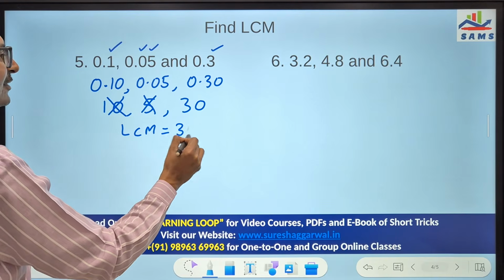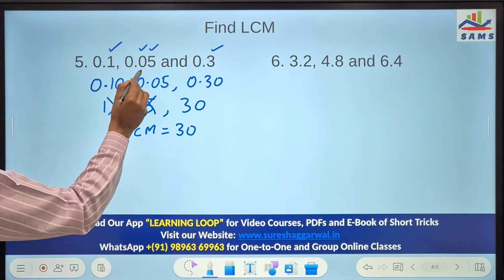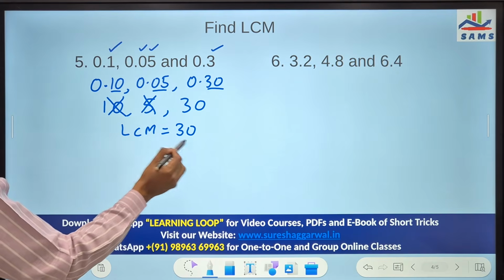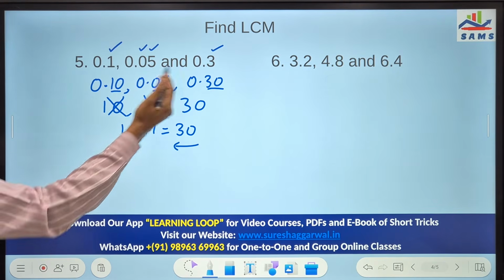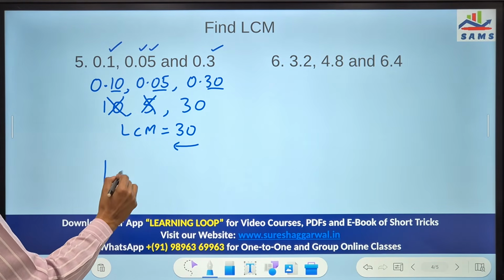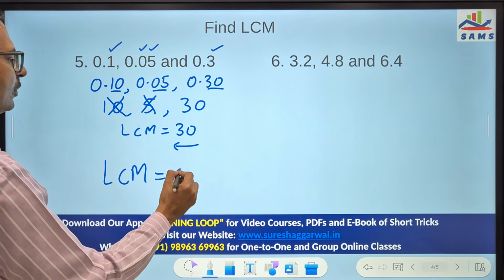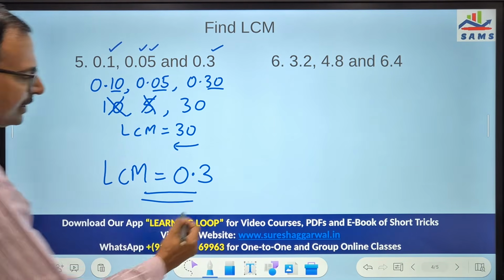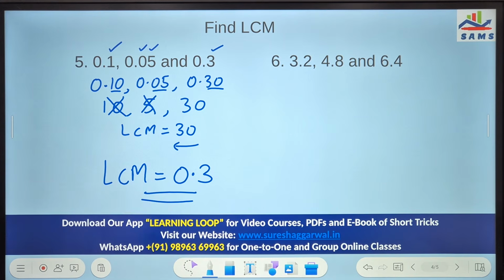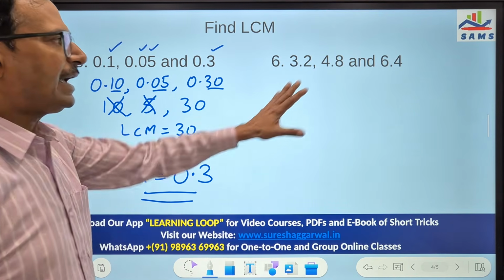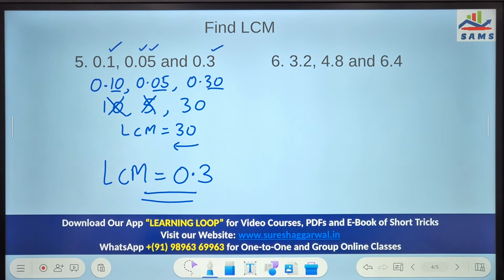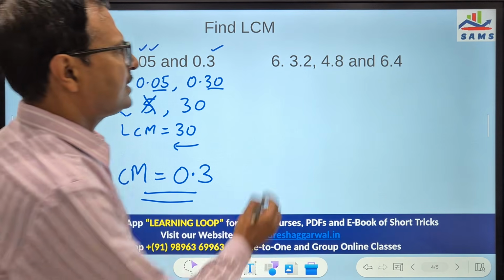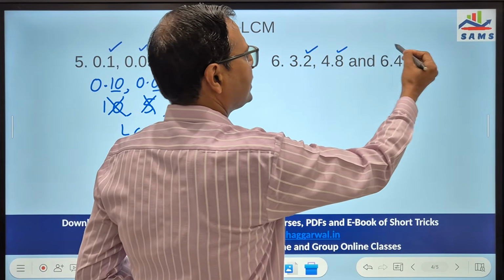And if the LCM of these numbers is 30, I need two decimal places, right? So put a decimal 2 digits from the right hand side. The LCM of the required decimals is 0.30 or simply 0.3 as the answer.